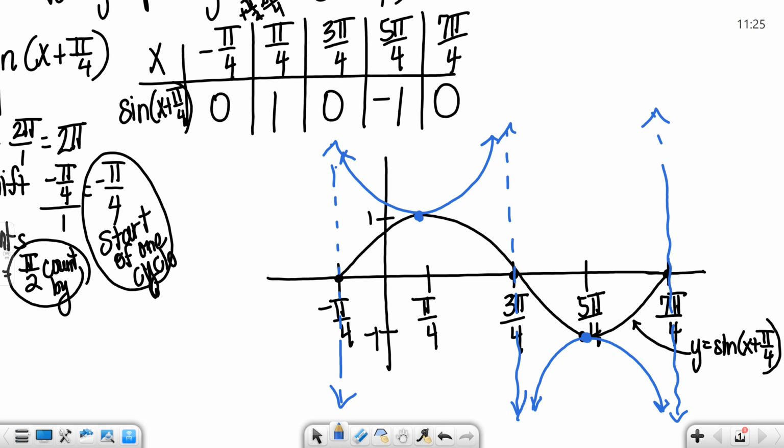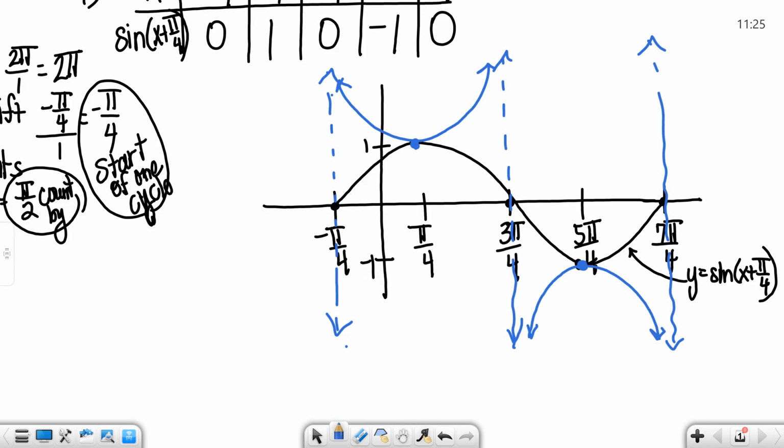So one cycle of cosecant is 2 curves, because if you'll notice, one cycle of sine was that black curve. So 2 full curves would be our full cycle.